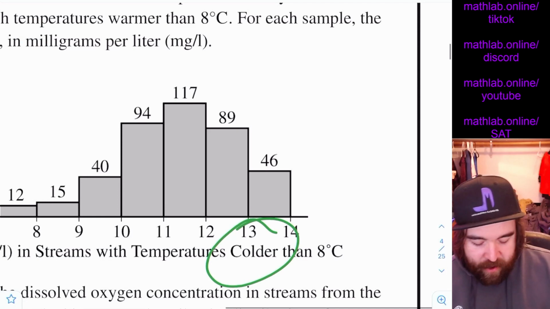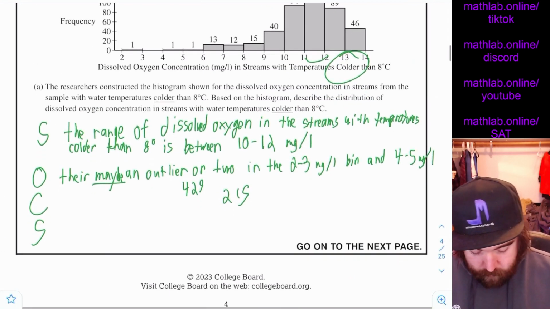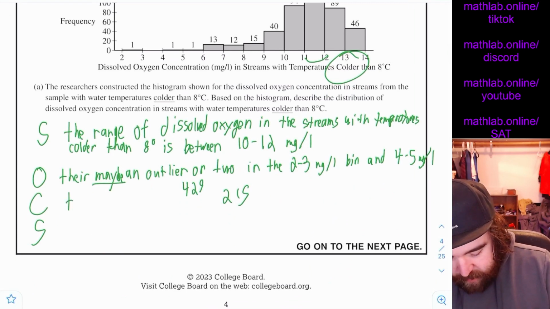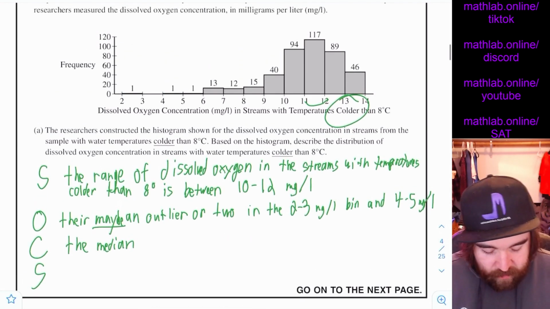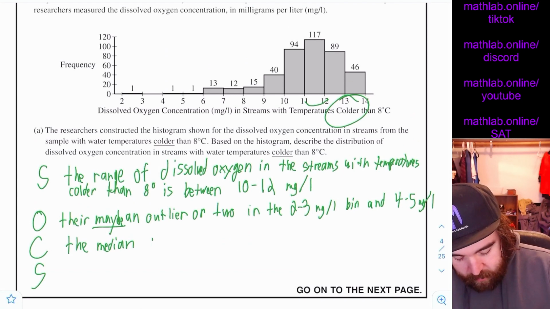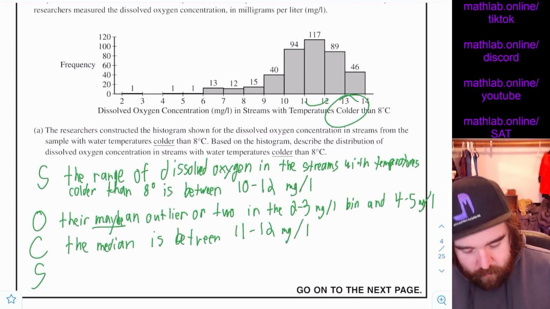So then we have to count up to 215. We'll start from the right and see that that's definitely going to fall in between 11 and 12. So we'll say the median. We don't need to do the context again because we did it so hard in the beginning. So we'll just say the median is between 11 and 12 milligrams per liter.